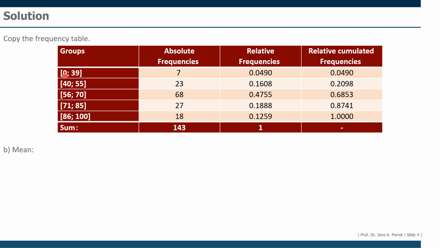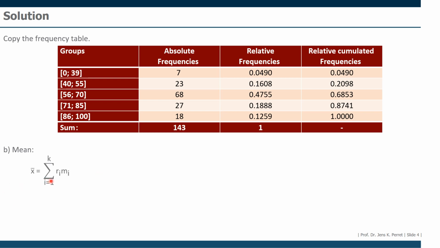So we're going to consider the value in the middle of the group as well. So you could perhaps expand this table by another column, add the means of the groups, or you can simply calculate this with 39 minus 0 divided by 2, 55 minus 40 divided by 2.